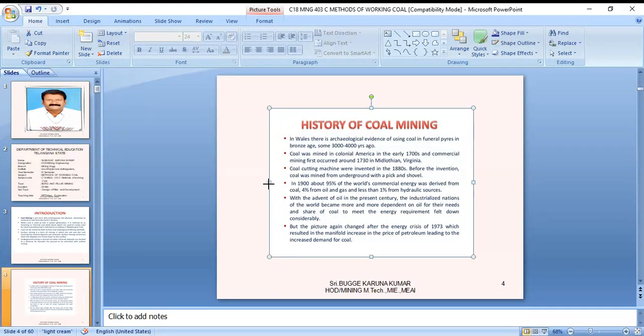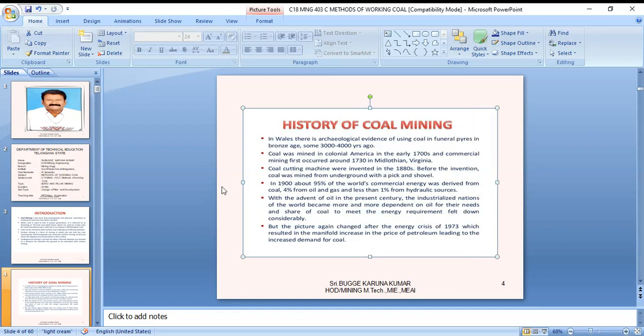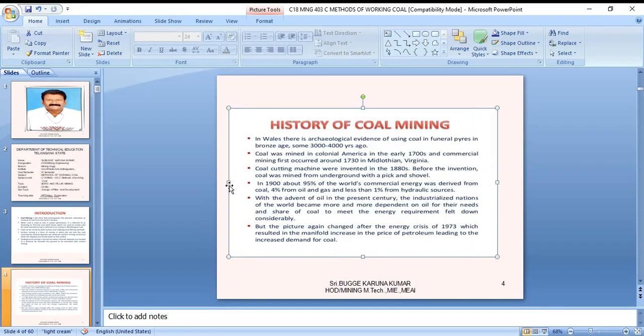History of coal. The archaeological evidence of the use of coal is a funeral pyre in the Bronze Age, some 3,000 to 4,000 years ago. Can you imagine? Coal formation is not recent. Coal was mined in colonial America in the early 1700s, and commercial mining first occurred around 1730 in Virginia.